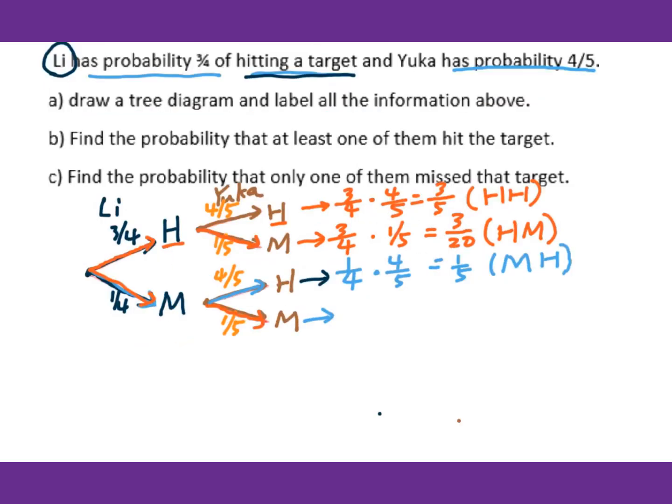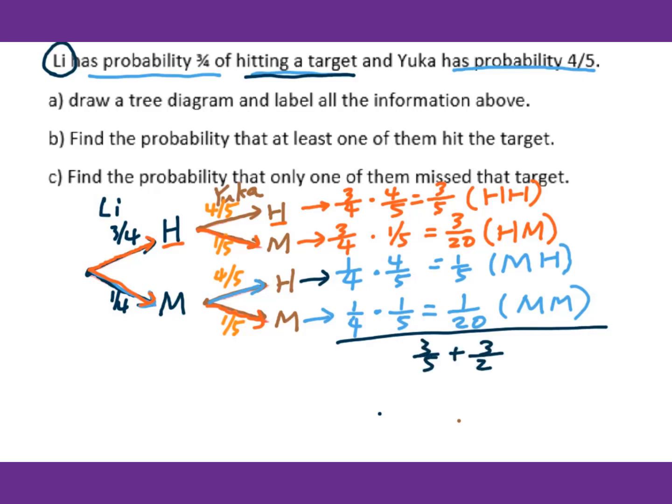Both miss the target. So we have 1/4 times 1/5 equals 1/20. That means both miss the target. If you add all this, 3/5 plus 3/20 plus 1/20 plus 1/5, your answer will be equal to 1.